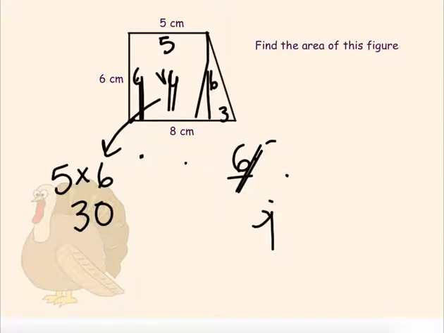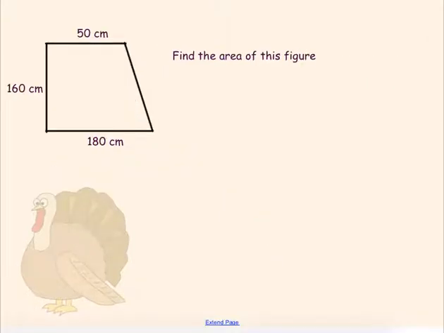Let's try another one. So we're going to take this one, cut it up just like we did on the last one. So we are once again going to have a triangle and a rectangle. On this first one, it's 50 by 160. And if we look at this bottom piece, we need to figure out, well, what is the base of our triangle?